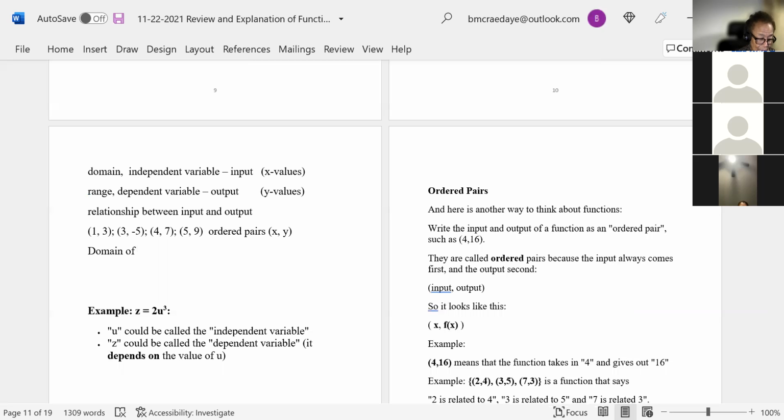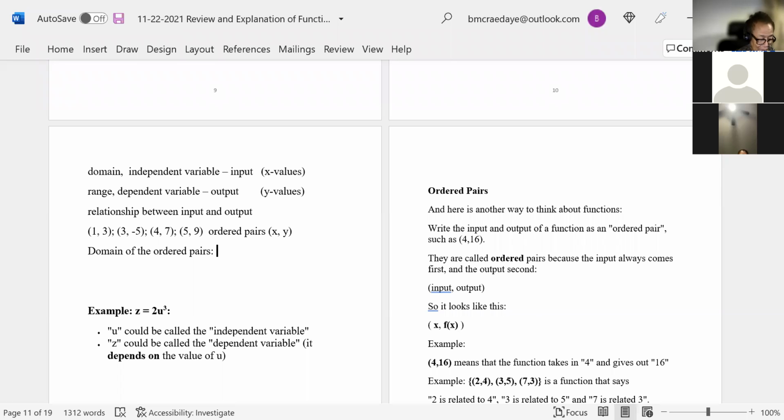So what are they? 1, 3, 4, and 5. That's right. That's the domain because that makes up the X values. X, Y, X, Y, X, Y, X, Y.